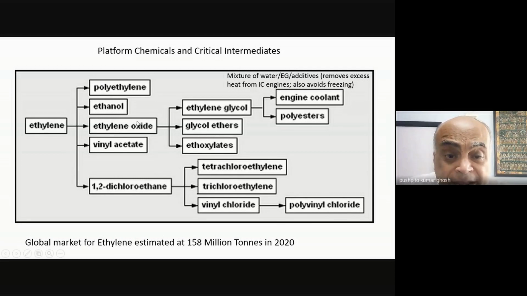So ethylene oxide actually plays a huge role even in preparation of detergents and various surfactants. So that's the totality, and therefore you can imagine that this is a classic example of a platform chemical, because once I've got it, I can launch myself in so many directions.